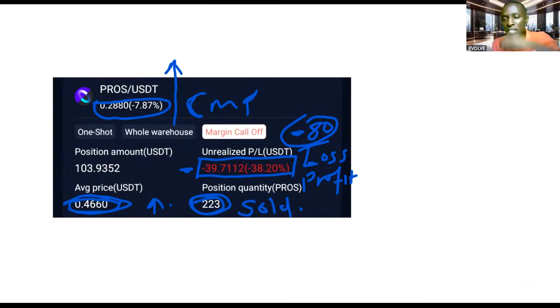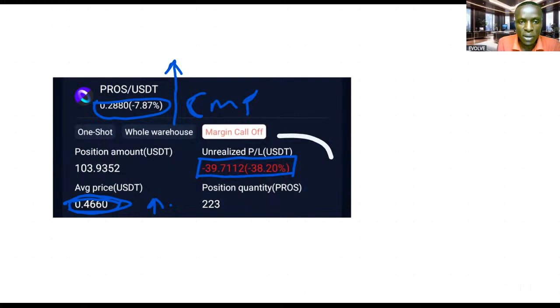Can you give me a yes if this is clear? When you see a big negative at your unrealized, at this point here, you are in a big negative.